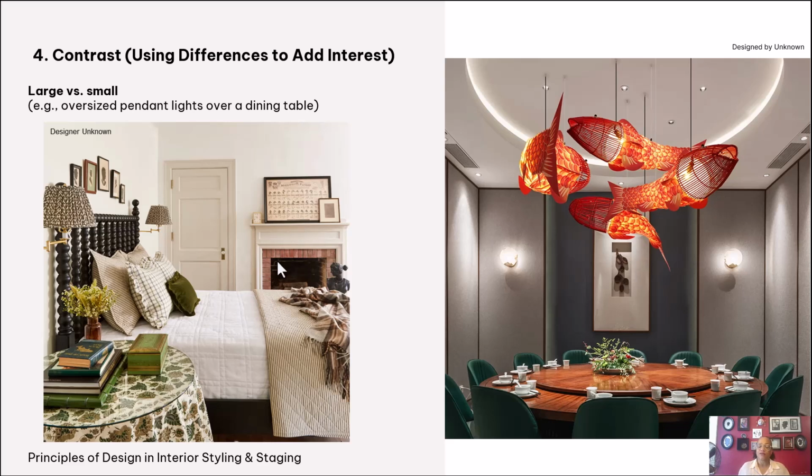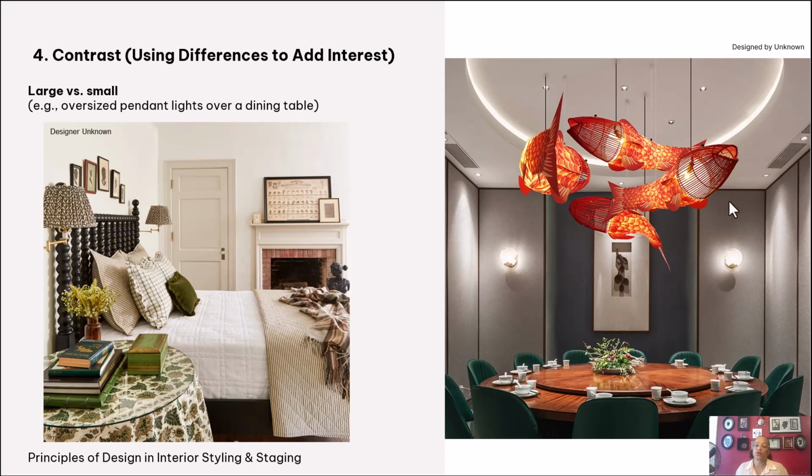We can see it's not a very big fireplace, but we have this art above the fireplace that's probably what we would consider a typical size. But instead of doing something that large over the headboard, they did a collage of smaller things to not overpower or make too busy, probably, all of the things that are happening on this bed that I think are kind of yummy. I like it. So again, the contrast of this very small collage, and I think it's really contrasting this whole bed setup.